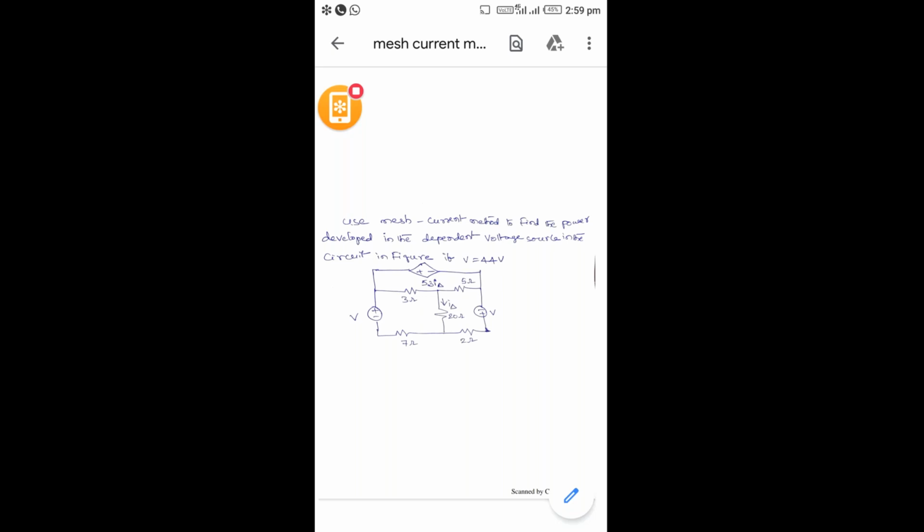From the circuit, the dependent source, the voltage controlled current source 53 I delta, from this particular element we find the power. So the next step is to apply the 3 currents in the circuit.